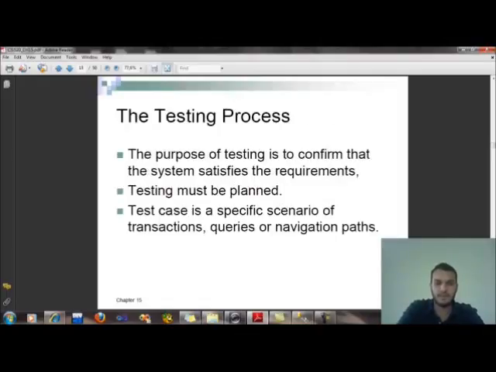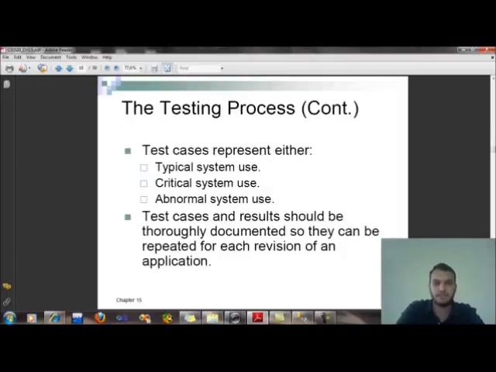In the testing process, the purpose of testing is to confirm that the system satisfies the requirements. Testing must be planned, and test cases are specific scenarios of transactions, queries, or navigation paths.